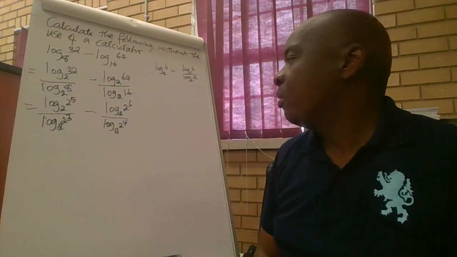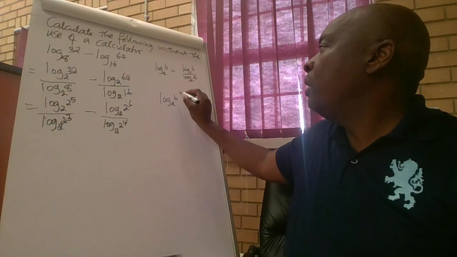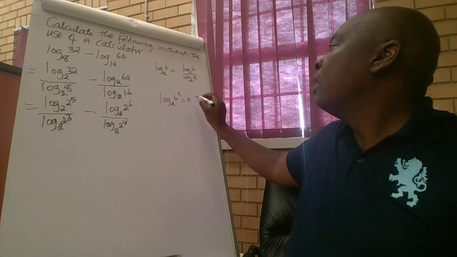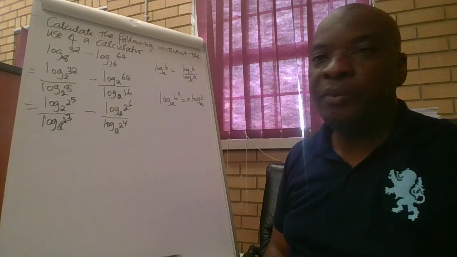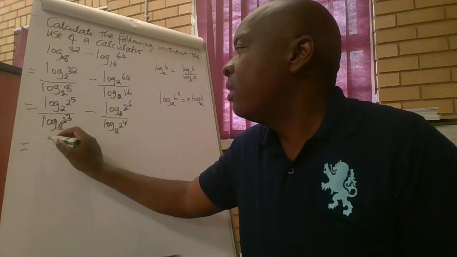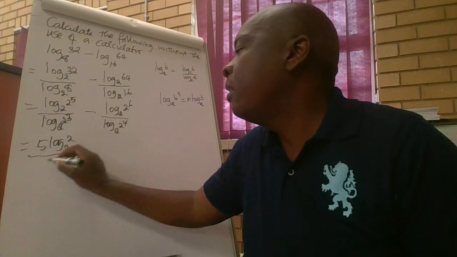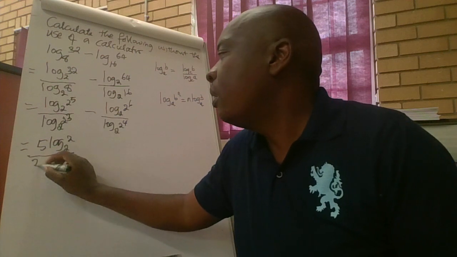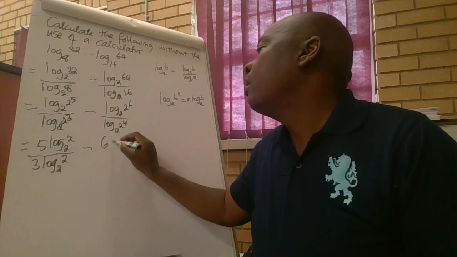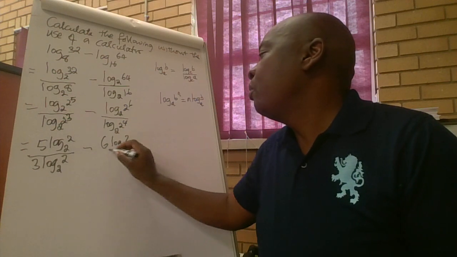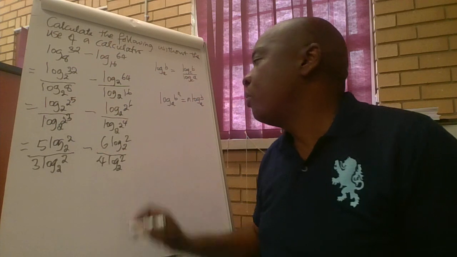And again, by the laws of logarithms, we have a law which says that if you have log to base A of B to the power n, this is the same as n log base A of B. So that means I can express this here as 5 log to base 2 of 2 divided by 3 log to base 2 of 2 minus 6 log to base 2 of 2 divided by 4 log to base 2 of 2, like that.